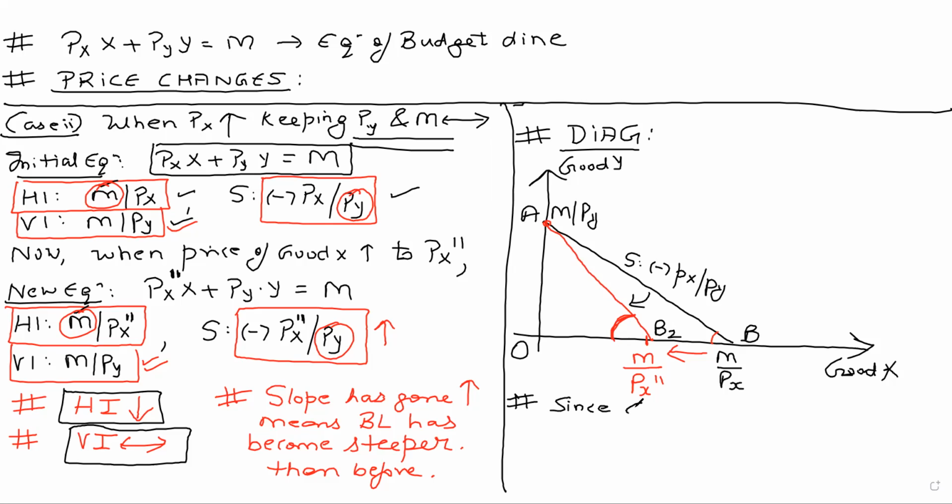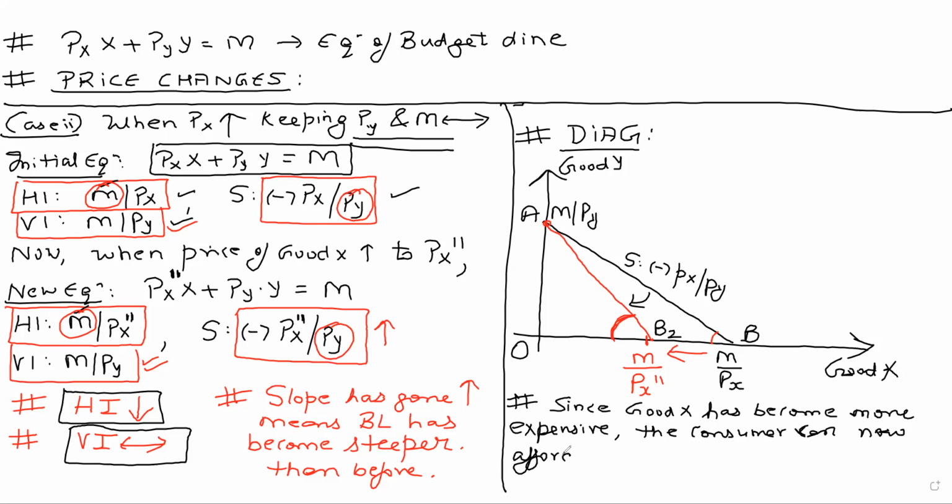Since good X has become more expensive, the consumer can now afford less of it than before.